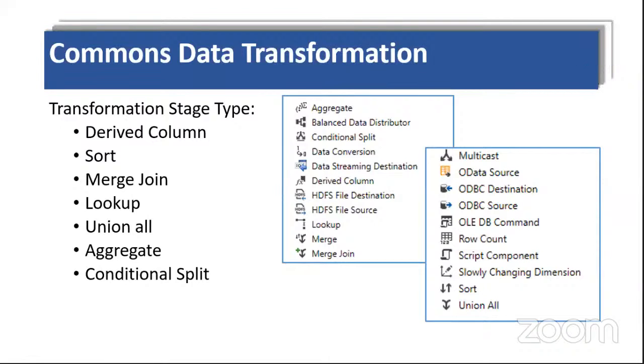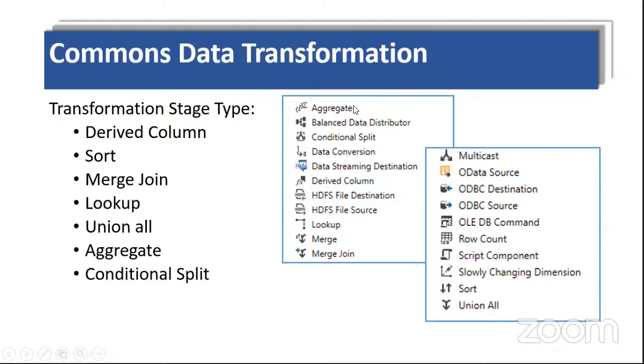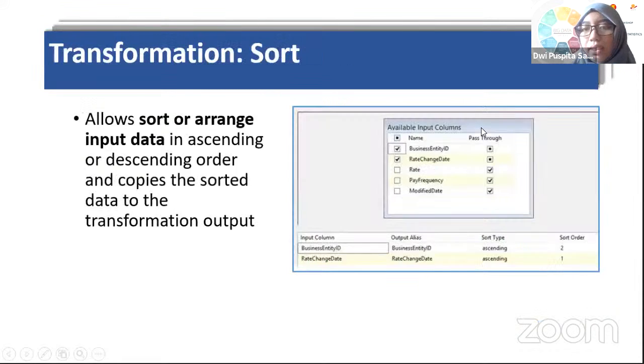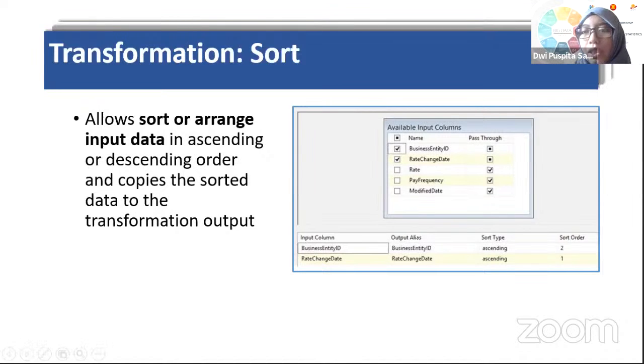As you've seen in the SSIS software, there are a lot of stages for transforming the data. Some of them are aggregation, lookup, merge, sort, and so on. For now, we're going to talk about the basic transformations, but later on you can explore as you require for your data processing by yourself.